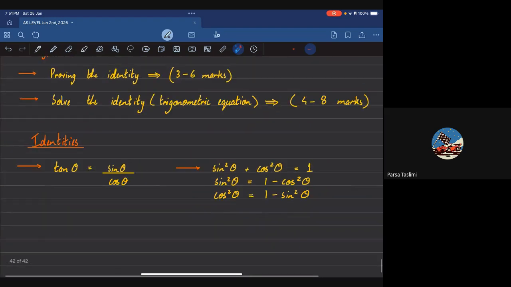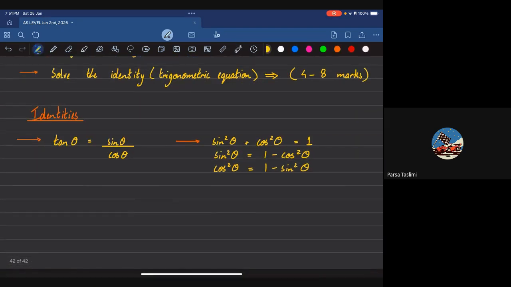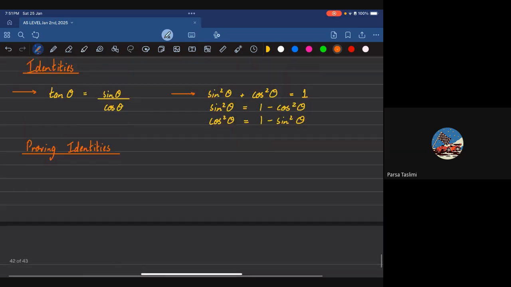All right. Now we're going to see how we prove identities. There are a few steps of doing so. Even though this is highly up to the student's creativity, obviously there are a few steps.